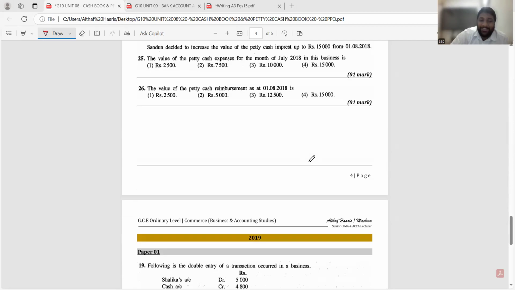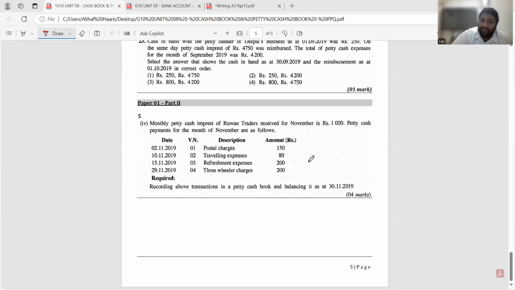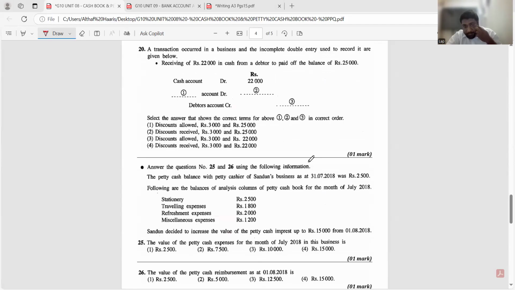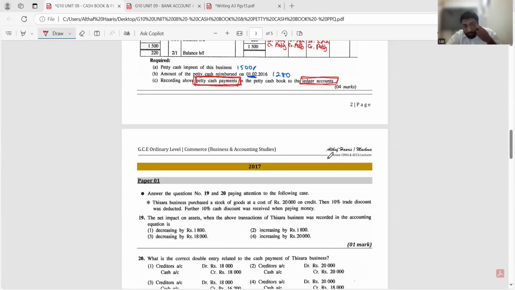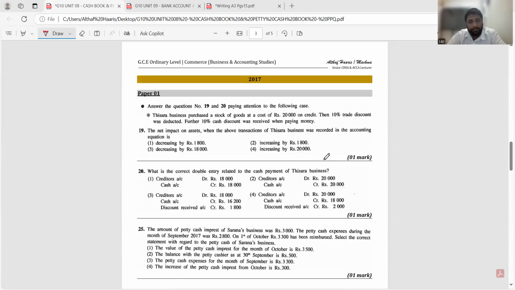Don't worry. As long as the answers that they are seeking are there, they will give you. Three questions are there. I'll give you 3 minutes, Lama. Quickly do.